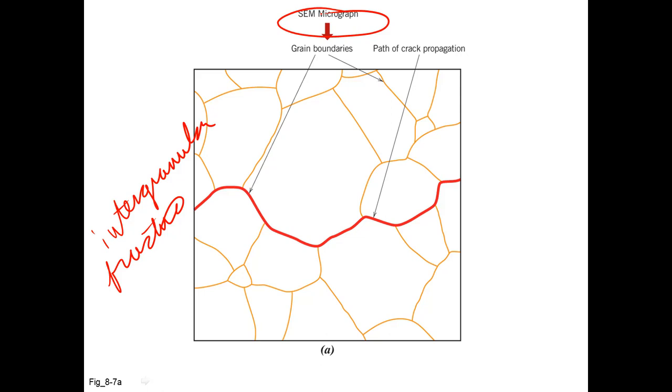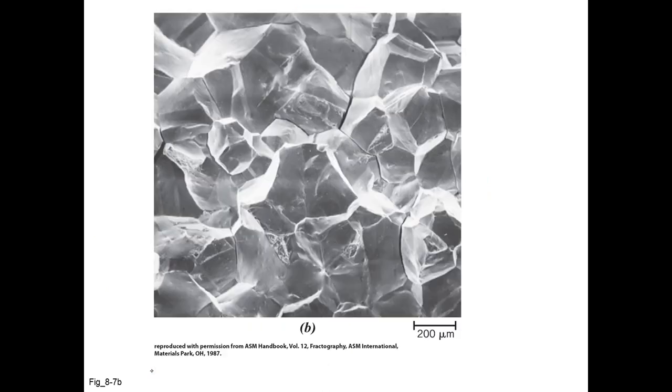The crack is propagating, in this case, along the grain boundaries in a preferential manner. You can see that occurring here. Once again, it's still a brittle fracture, but now there's a preferred path along those grain boundaries.